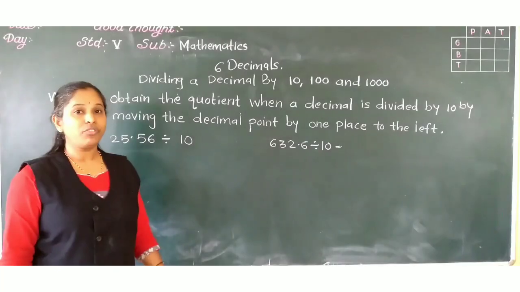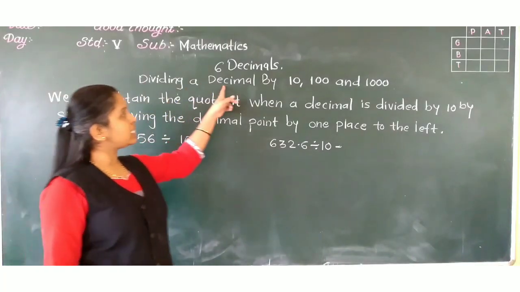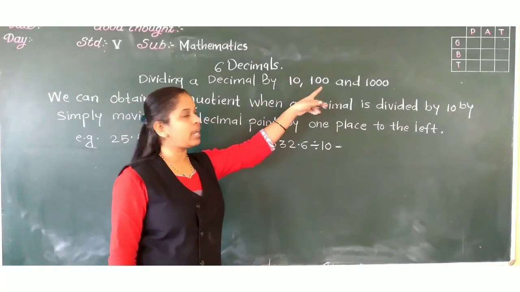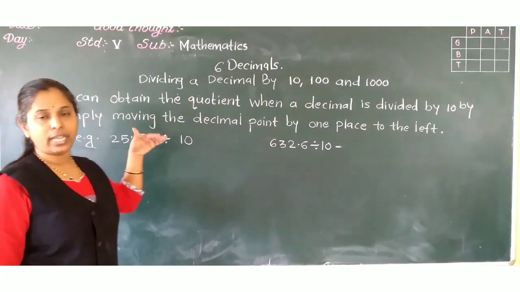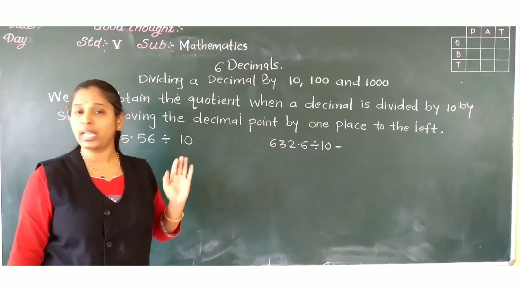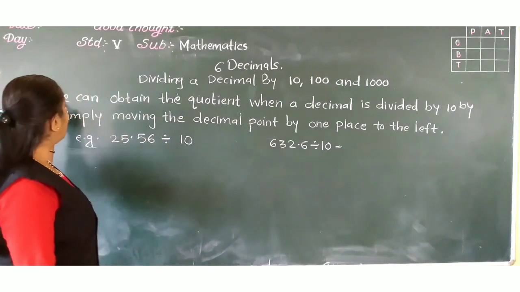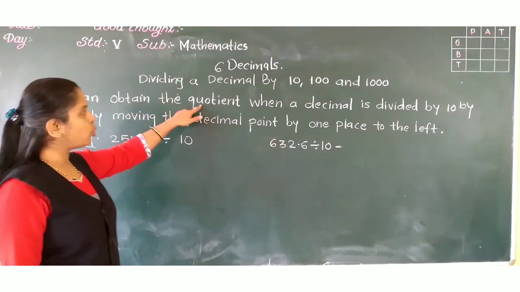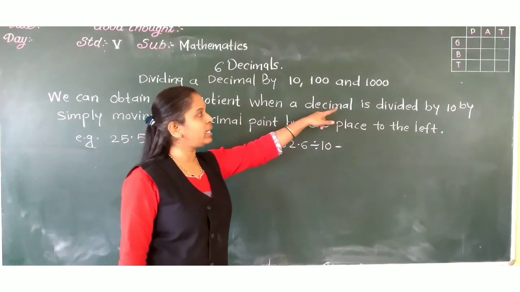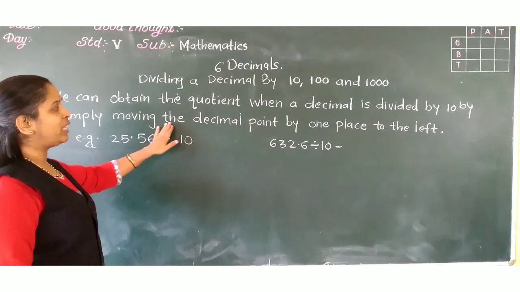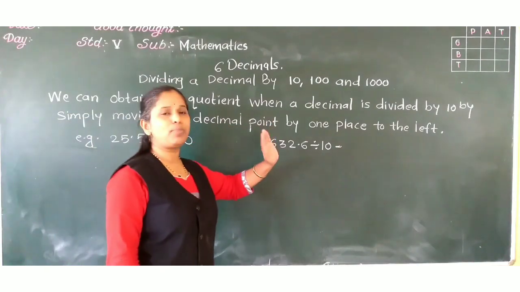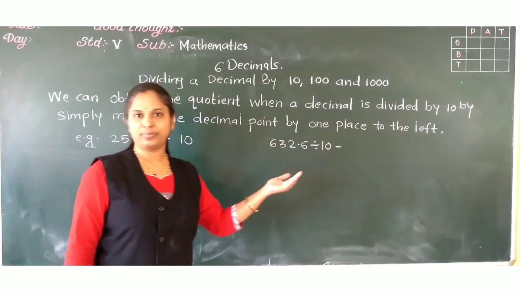Follow? Now we will learn dividing a decimal by 10, 100 and 1000. In that, first, when we divide any decimal by 10, then what to do? See here. We can obtain the quotient when a decimal is divided by 10 by simply moving the decimal point by one place to the left.